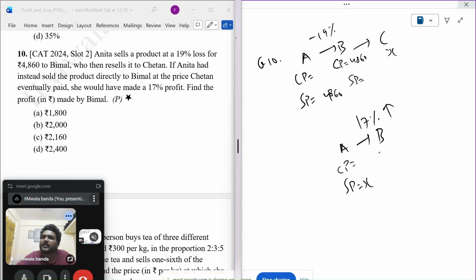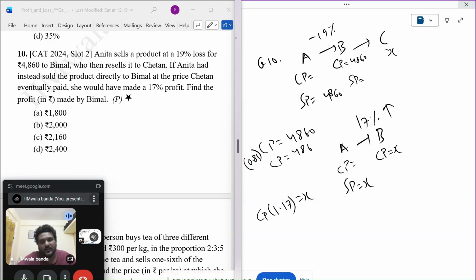At the price Chetan eventually paid, his cost price is also X. And the profit made by Vimal. Can I say X in cost price into 1.17 is X? And let's say cost price 4860, this into 0.81.